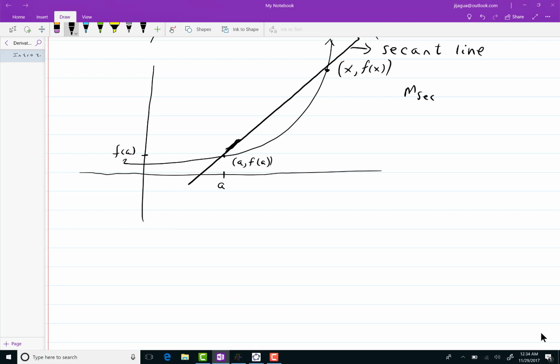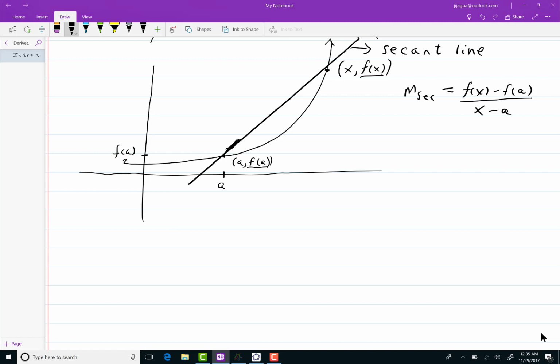And if you'll remember, the formula for the slope is y1 minus y0, or y2 minus y0, whatever you want to call it. You have the difference in the y values divided by the difference in the x values, so x minus a. And you can see this is very familiar to what we were doing in terms of velocity and things like that.